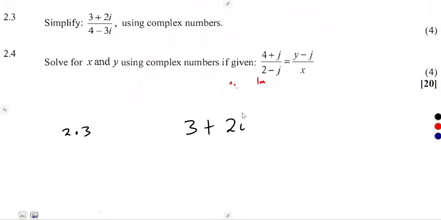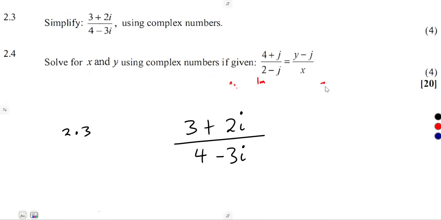There is a fraction. So for a fraction, what we just need is to make sure that the denominator is a rational number. So we must rationalize, which is multiplying both the numerator and the denominator by the complex conjugate of what is in the denominator.